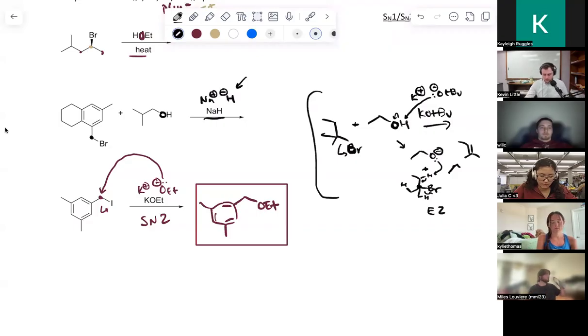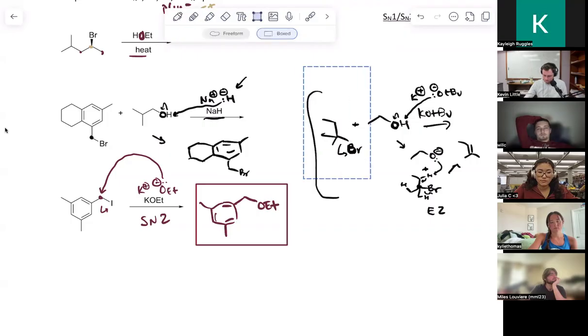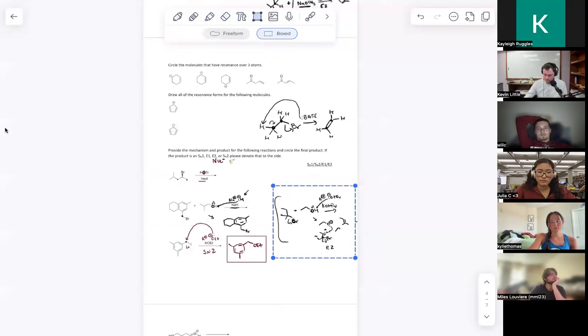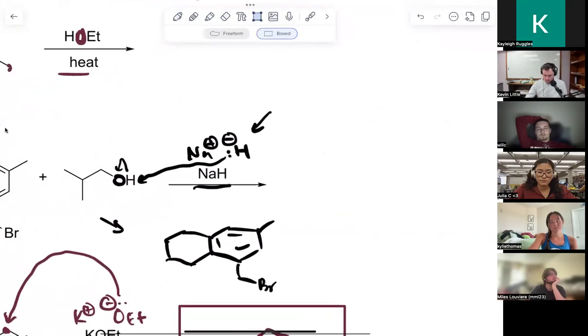I guess let's finish this while we have it. I have a base. Bases take protons from nucleophiles. Then I have, move this guy. You guys can zoom in.